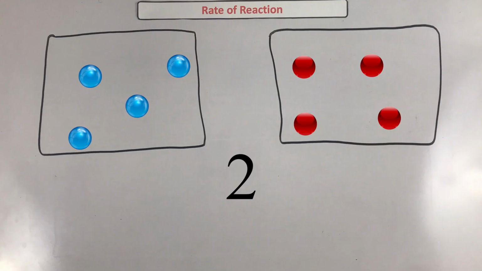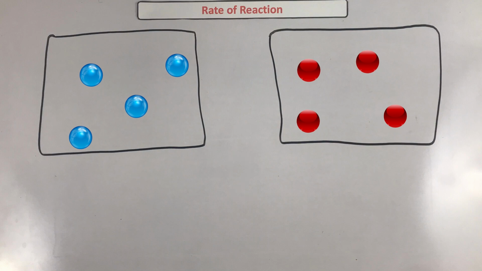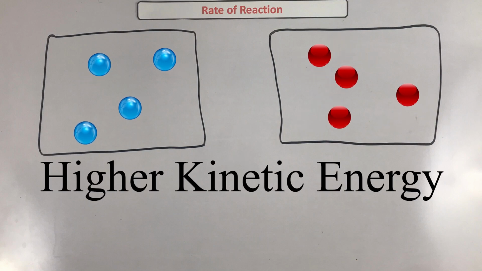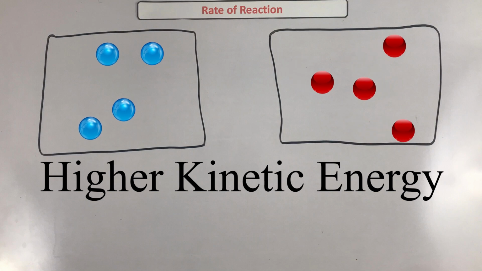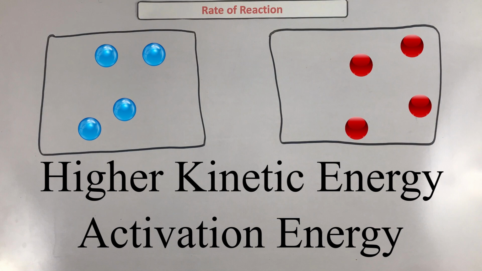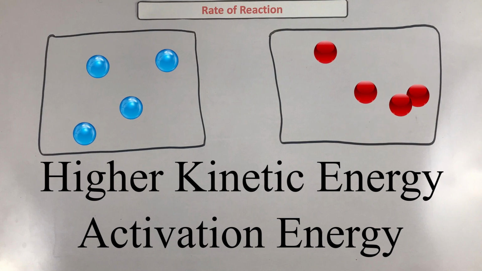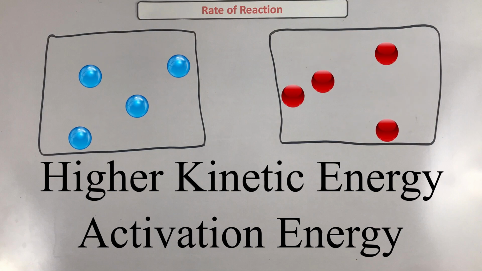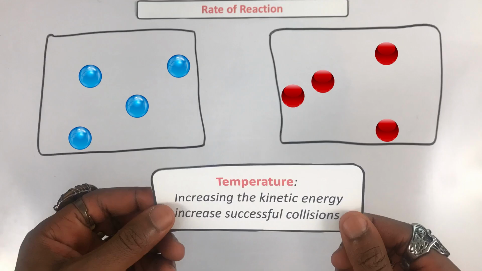Two important factors occur when we increase the temperature. One, the particles move faster, so the time it takes for the particles to collide is shorter, and also they are carrying more kinetic energy. Therefore, there are more collisions that have the activation energy. Summarizing this, an increase in temperature increases the kinetic energy of your particles, which increases the amount of successful collisions.